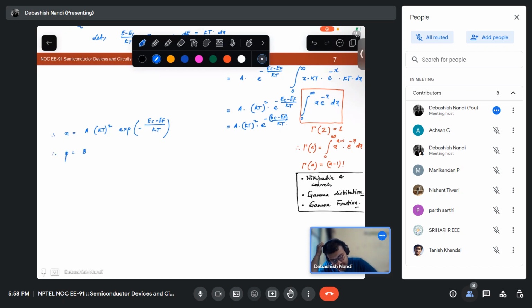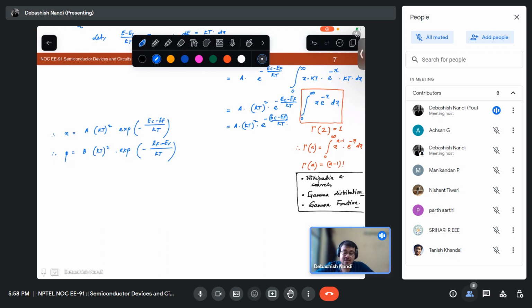It was b, and the same integration steps you can follow. And what will this be? It will be Ef minus Ev, right? If you do the integration properly, you will see that this will come.